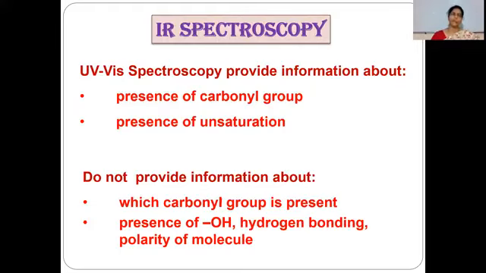Suppose we have a carbonyl compound and want an approximate structure of the molecule, its nature, whether it is aliphatic or aromatic. This information is not provided by UV visible spectroscopy. It only provides information about the presence of the carbonyl group, that is C double bond O.